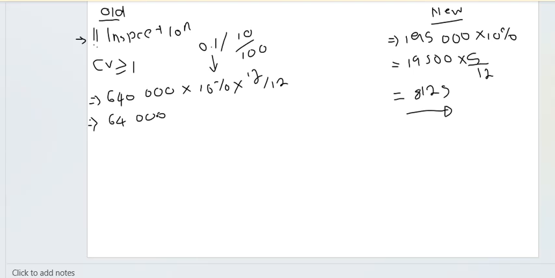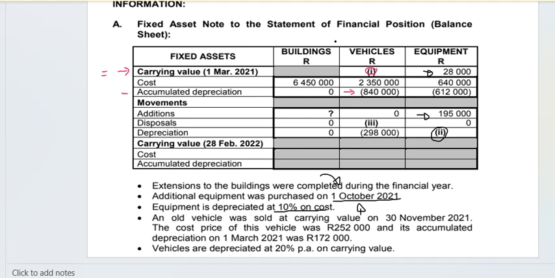Now let us look at the new carrying value. A new carrying value that we may have will be 28,000. Someone is asking me, where does that 28 come from? It is from the beginning of our accounting period.